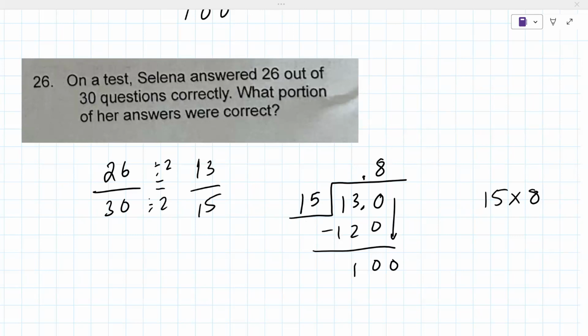So 0.86 repeating. Yes, good. All right, good job.